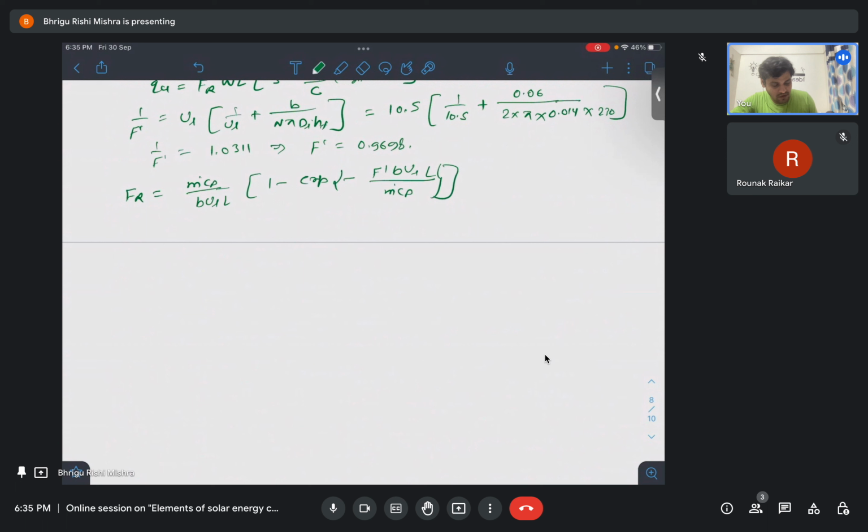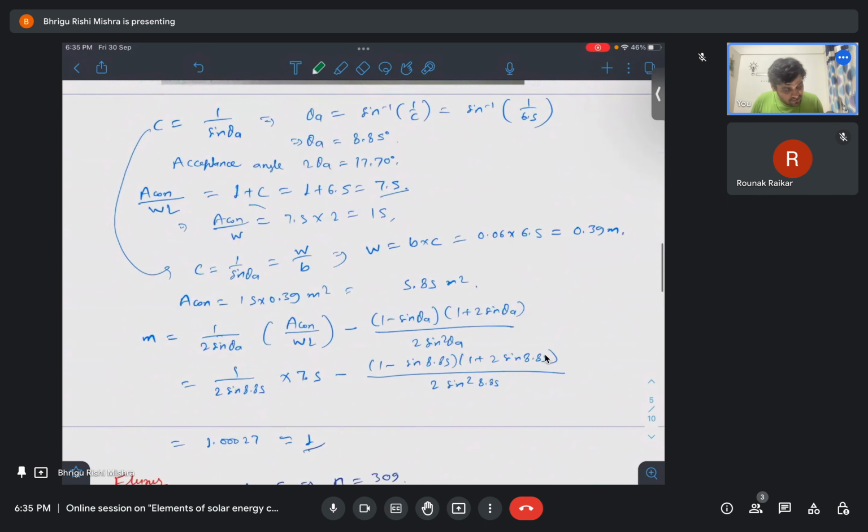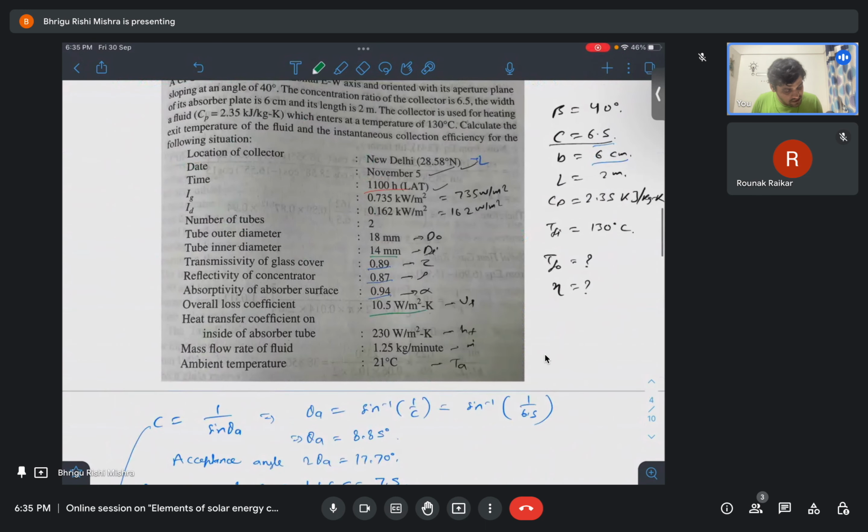So first we need to calculate this expression, m dot Cp by B UL into L, and here m dot is given as 1.25 kilogram per minute.